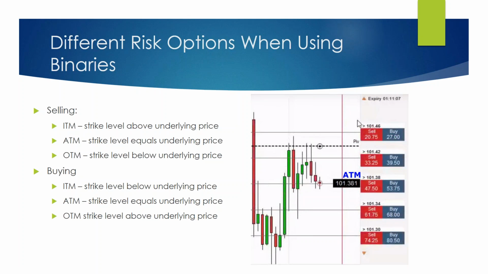Your out-of-the-money will be above the at-the-money, so you would have 101.42, 101.46. Both of these would be out of the money. Your in-the-money binaries would be below price. That would be 101.30, 101.34.